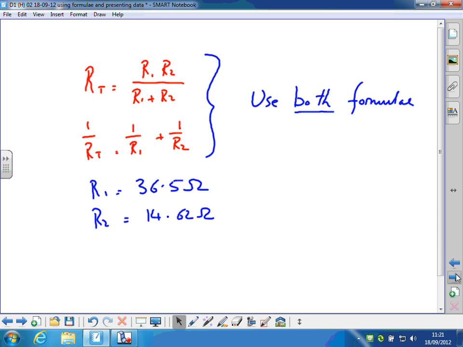So if I use this formula or this formula, I should get the same answer with these resistors. So what I'd like you to do is to use that formula, the same sort of thing as you've just been doing, to an appropriate accuracy again, and then the bottom formula, this one here, and calculate the total resistance. You should get the same answer both ways. So have a go.